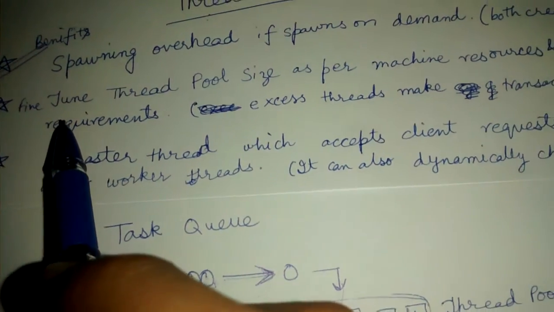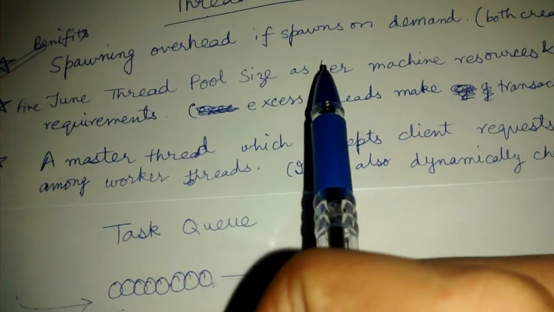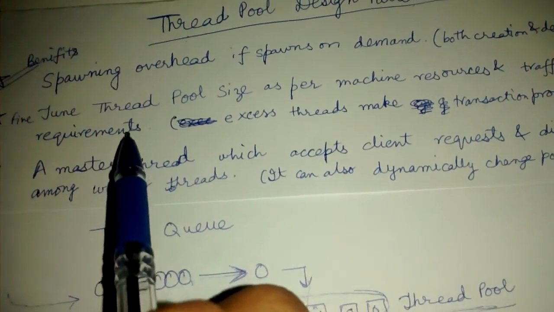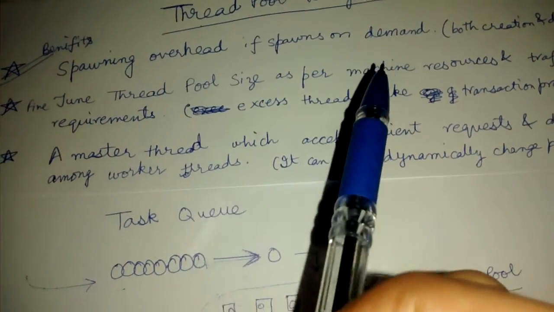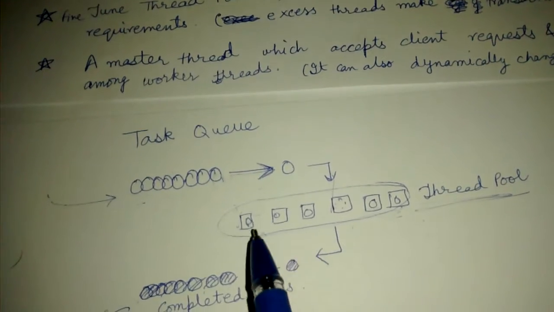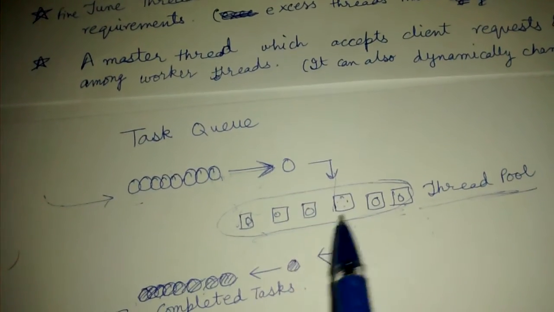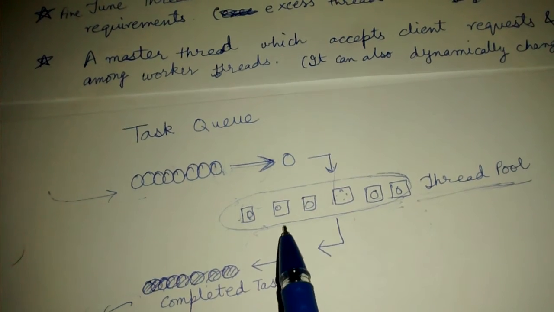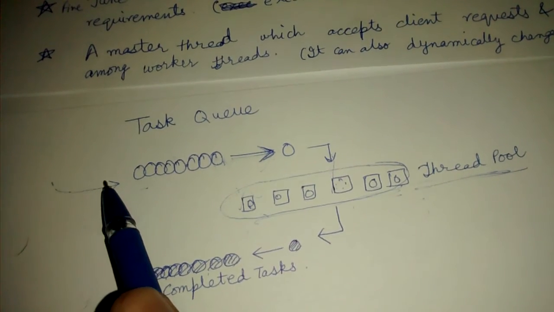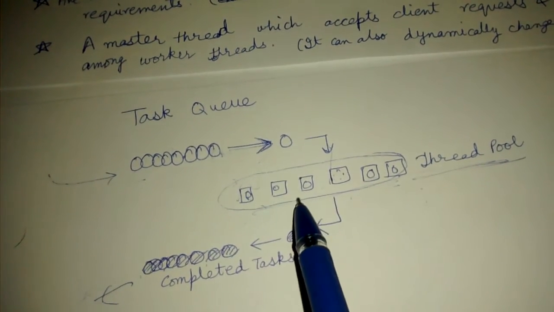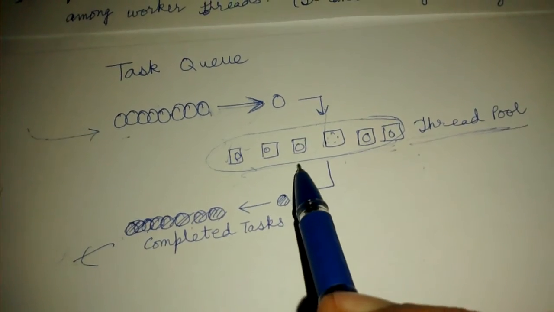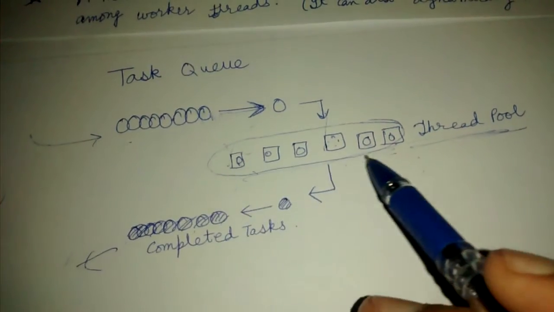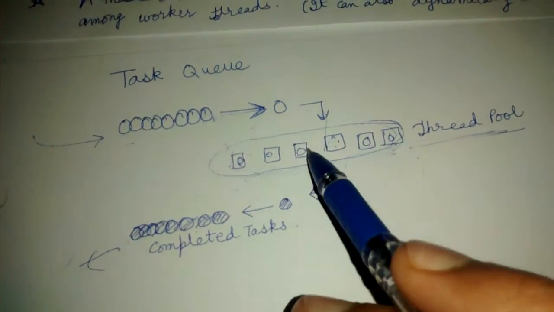So one major benefit is this, that the response time to the client is decreased very much. Another thing, fine-tune thread pool size as per machine resources and traffic requirements. So first thing is machine resources. Let's say your machine can simultaneously handle only 50 requests, so this methodology is better in that case also. Why? Because I will create only 50 worker threads in my thread pool.